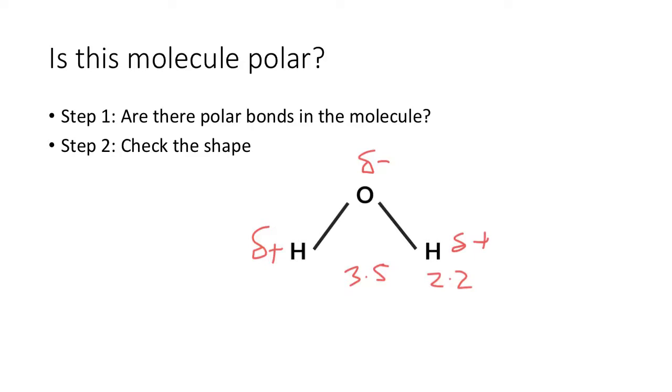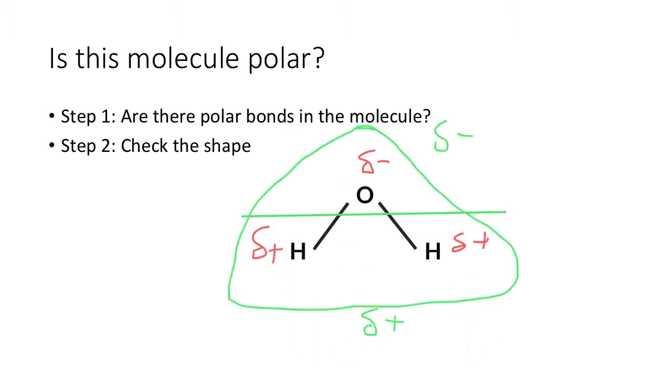Well, I could draw a line through that there. And the top part of the molecule is slightly negative, whereas the bottom part is slightly positive. Over this whole molecule, one side of it is slightly negative and the other side is slightly positive. There is a permanent charge difference, a permanent dipole across this whole molecule.